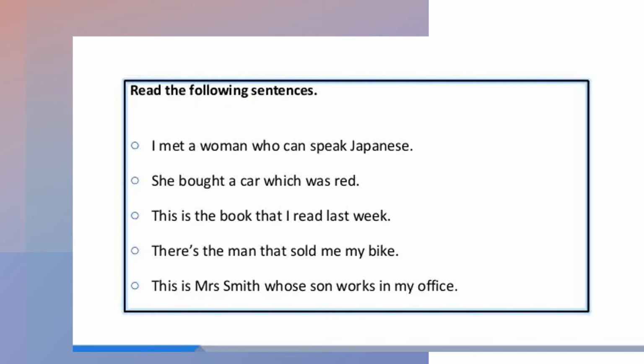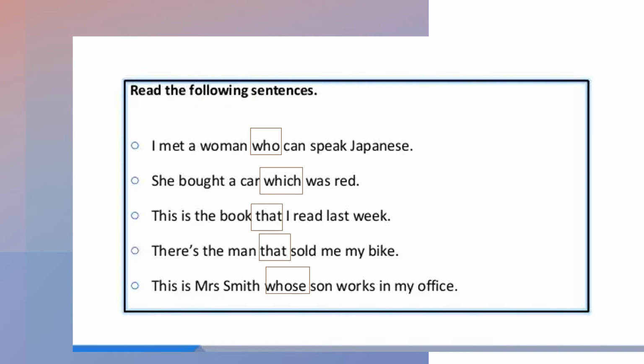All right, we are going to look at which is the relative pronoun here. The first sentence has who. Second is which. Then we have that, and fourth we have also that, and then we have whose. Now I want you to translate all these words into your mother tongue, which is Malay.